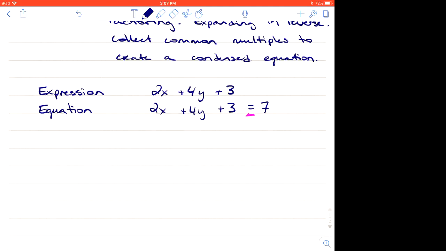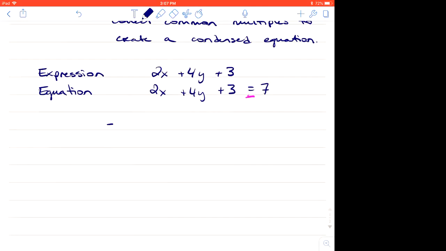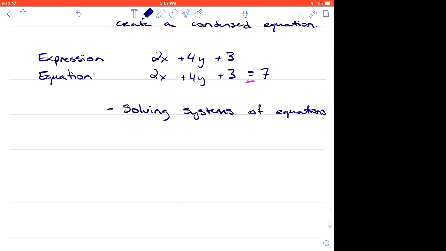Okay, so we talked about solving systems of equations by substitution.